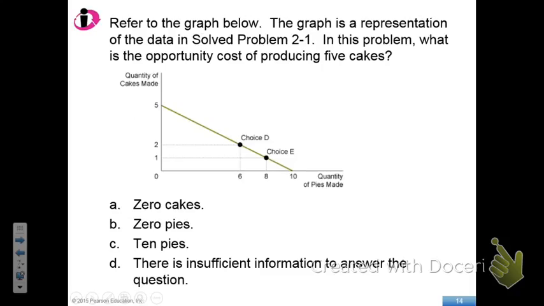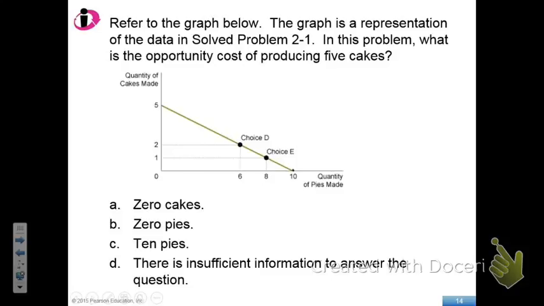The best way to start looking at this problem is from the horizontal axis. Okay? So imagine that you are producing 10 pies and you were not producing any cakes, so you were not giving up any cakes. When you give up 2 pies, you gain 1 cake. Do we all see that? So what is the opportunity cost of making 1 cake? The 2 pies that you give up, right?